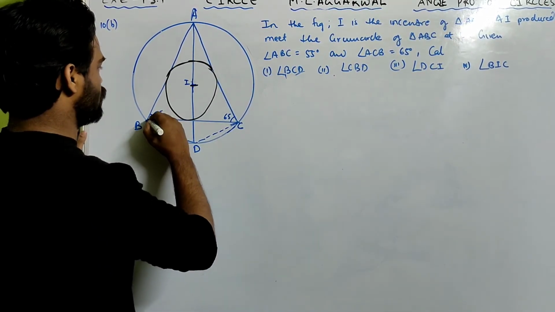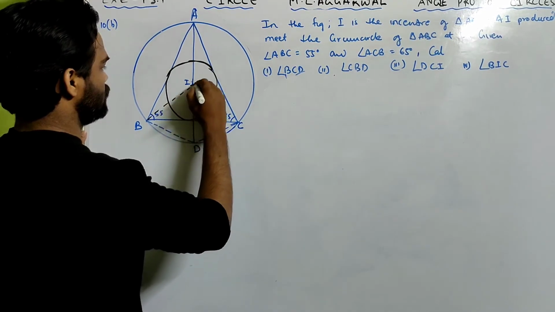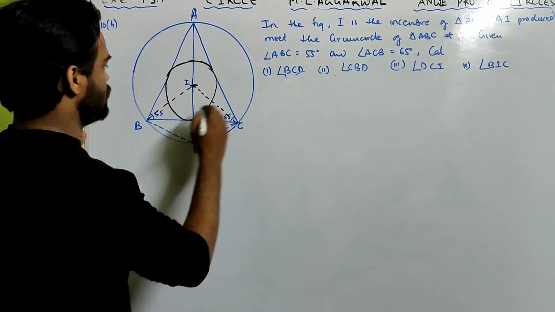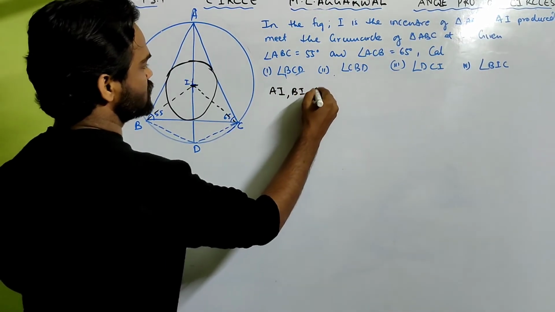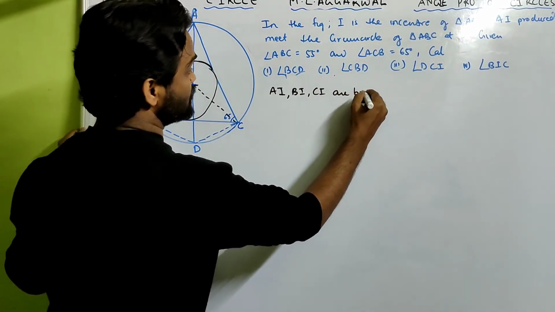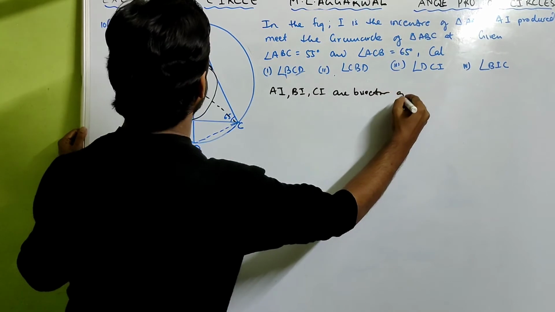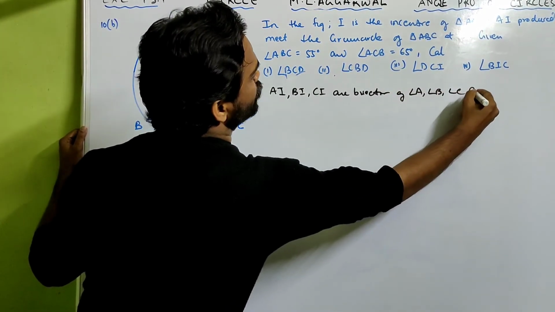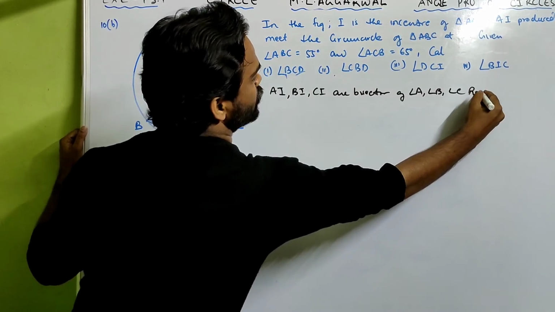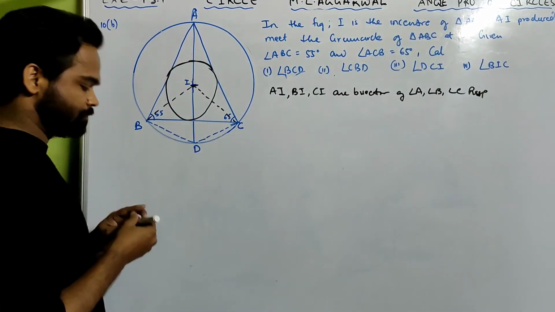If you join these, then AI, BI and CI are the bisectors of angle A, angle B and angle C respectively. We know this.